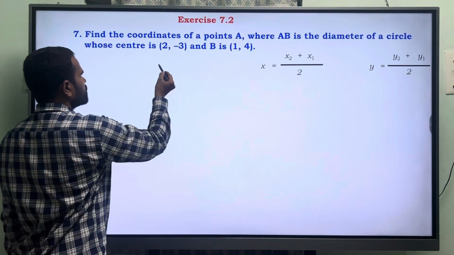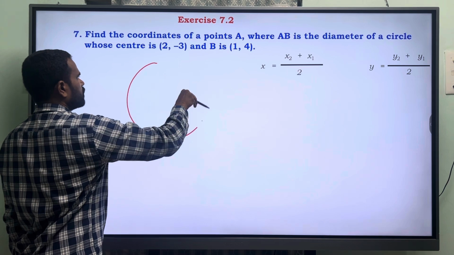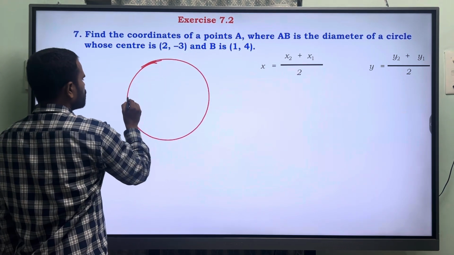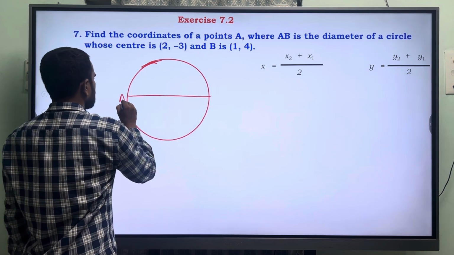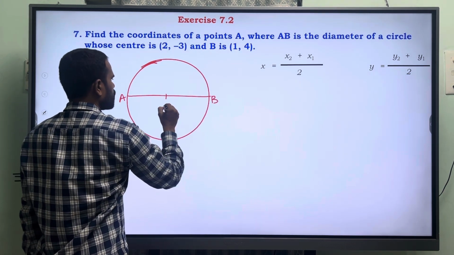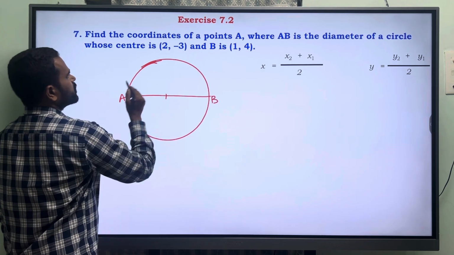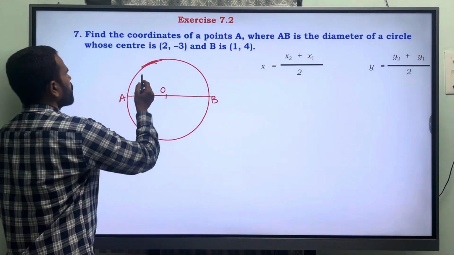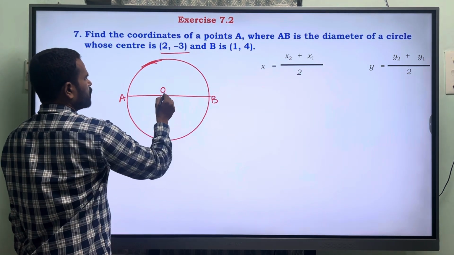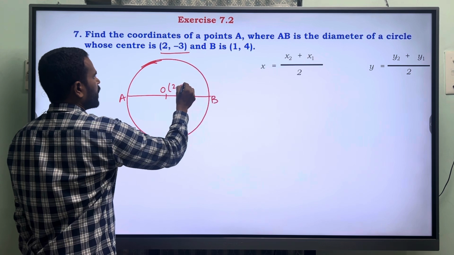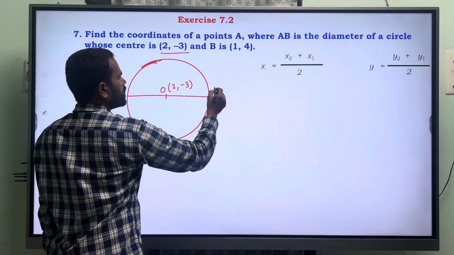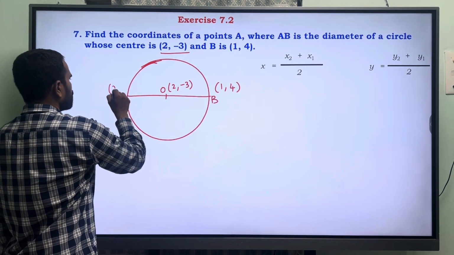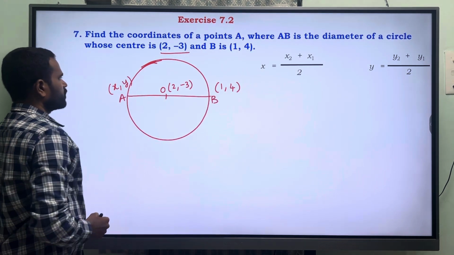See here, there is a circle whose diameter is AB and the center is some O. The center is given as (2, -3), and B is also given as (1, 4). We need to find the coordinates x, y.